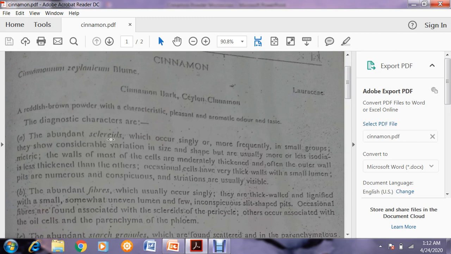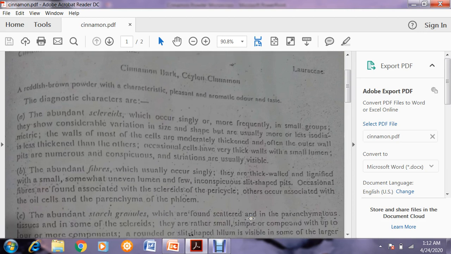These are basically ground tissues, of the sclereid kind. Sclereids may appear as single entities or they may be present in small groups. The second feature, which is also abundant, is the fibers, which occur usually singly, and they are thick walled and lignified, with a small, uneven lumen in a few.